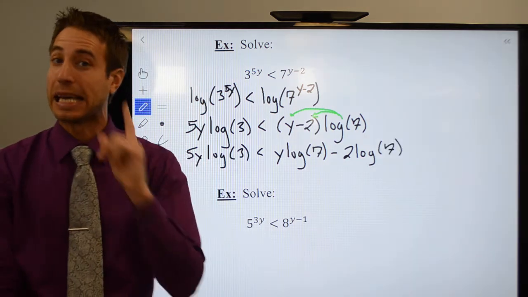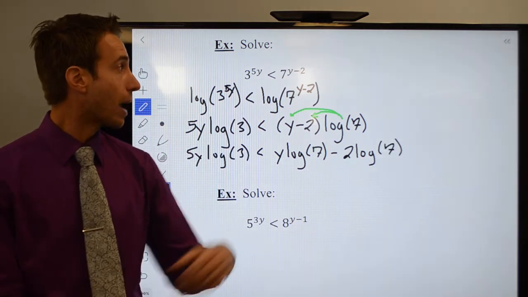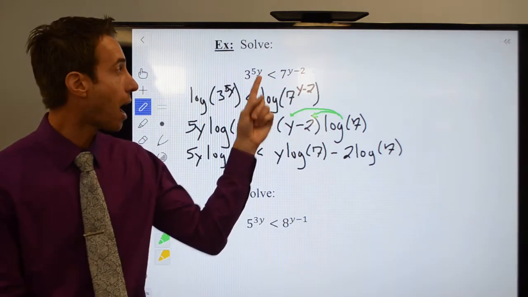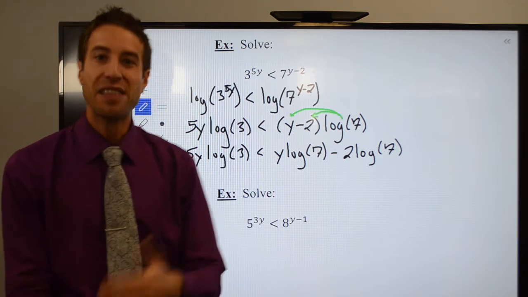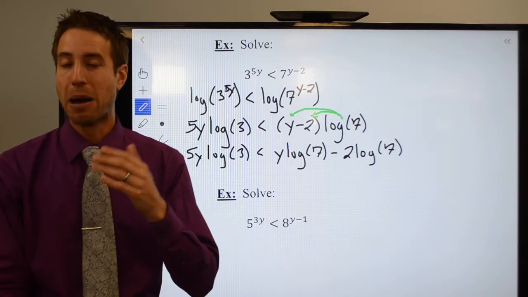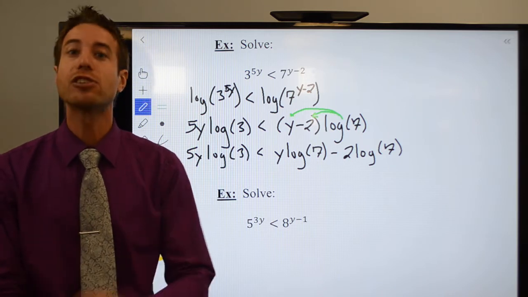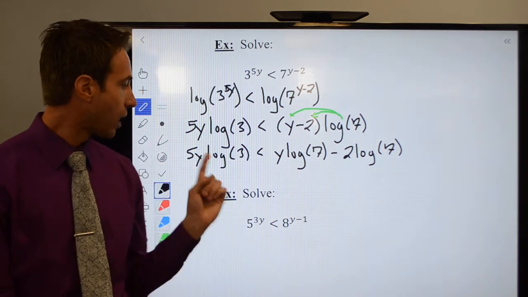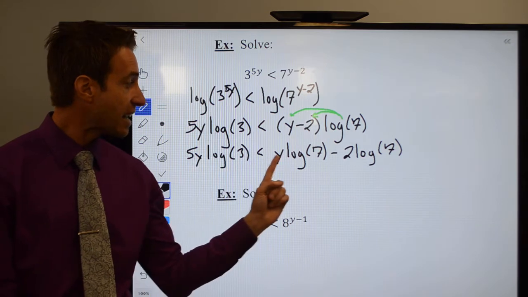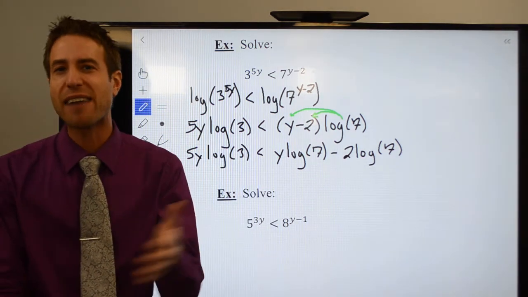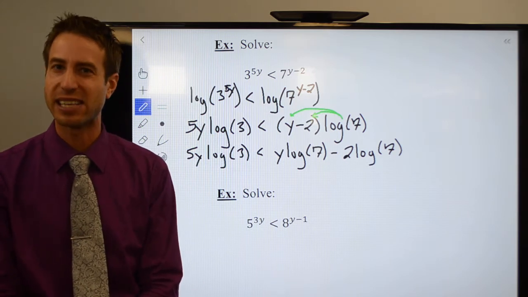Now, keep in mind what we're trying to do. We're trying to solve this exponential inequality for y. That means I need to get the y by itself, isolate it on one side of the inequality. I have a y here and a y over here, so I'm going to have to group them together on the same side.